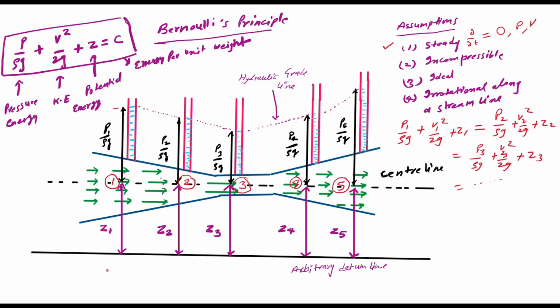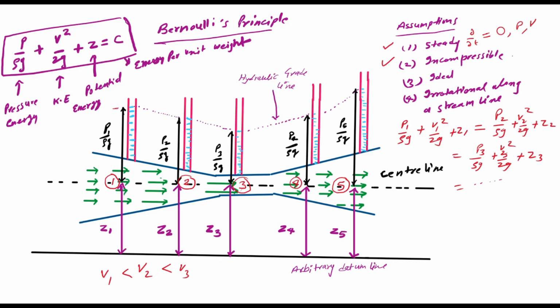So definitely V1 is less than V2, which is less than V3. V3 will be the maximum because this is the center of the converging diverging tube, right? So the first assumption is steady flow.